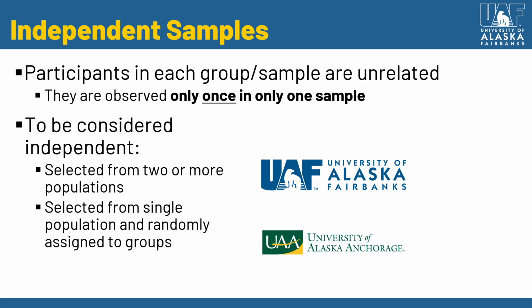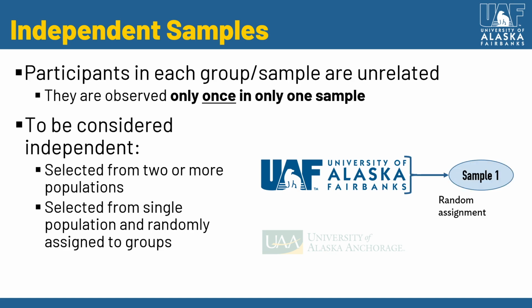Or I could select participants from a single population and then randomly assign them to groups. So say I didn't have any students from UAA, only UAF, and then I randomly assigned some UAF students to sample 1 and others to sample 2. That would still be considered an independent sample, right?